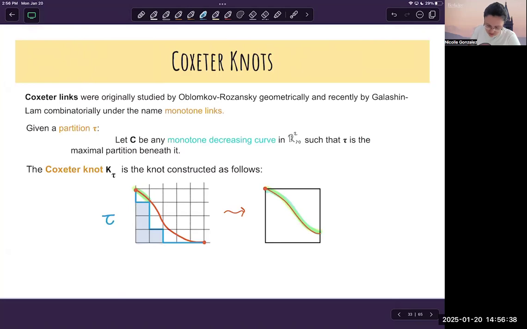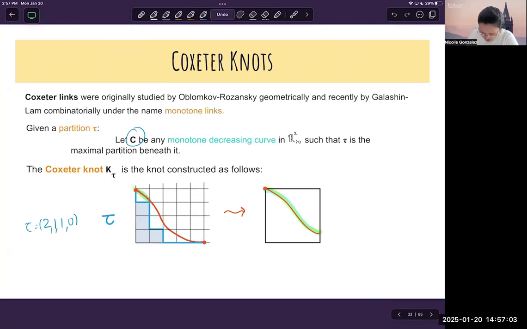So here, let's say my partition in this example is 2, 1, 1, 0. So tau is 2, 1, 1, 0. And I want to pick C, this curve, to be just any curve as long as it bounds essentially your partition. So I could have chosen my curve to be something like this.